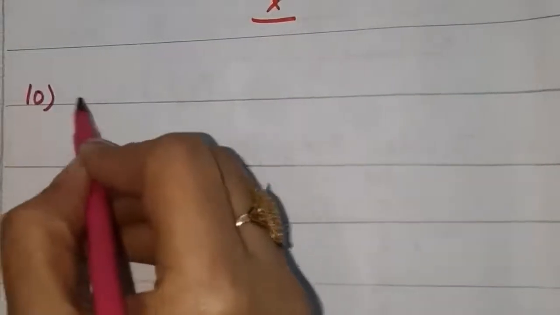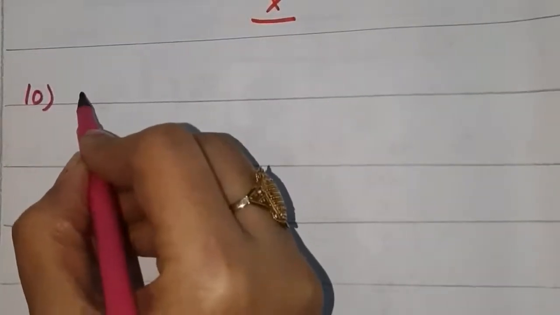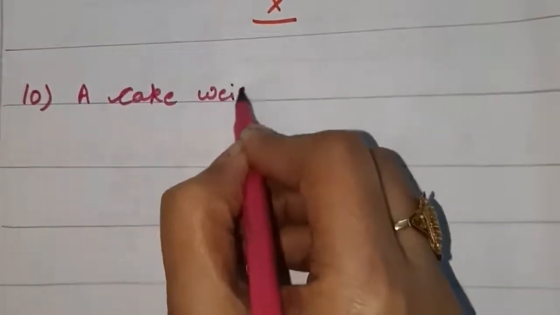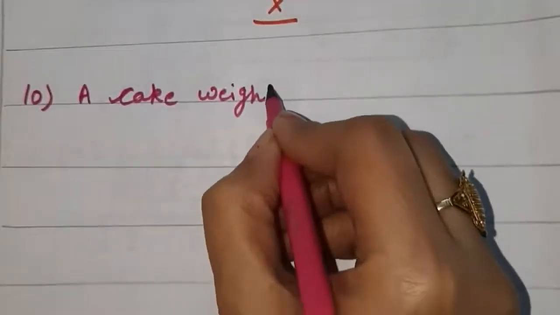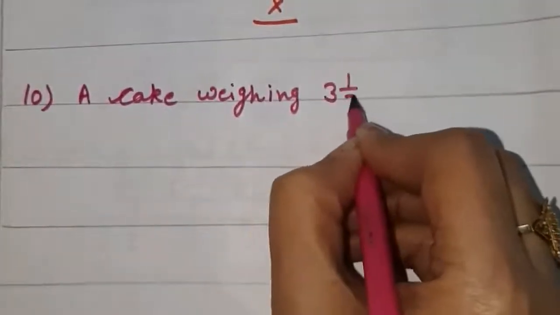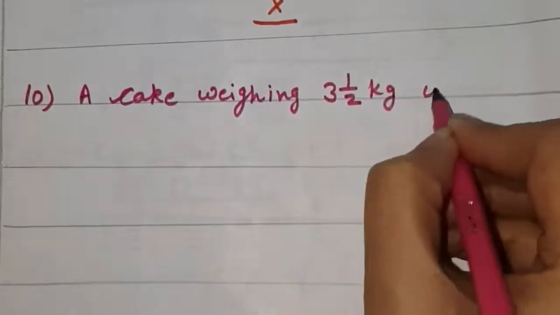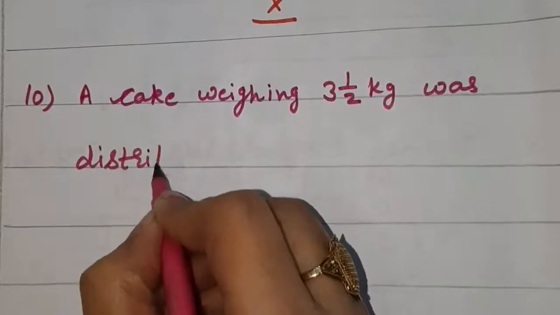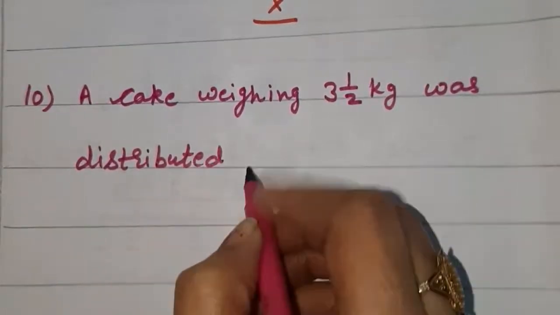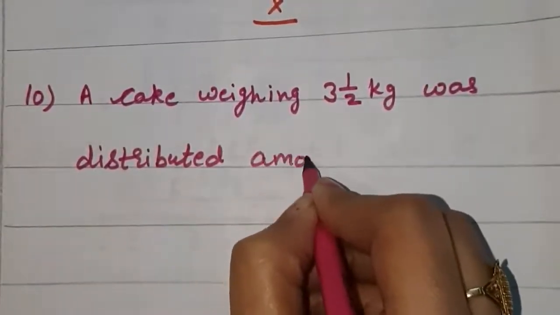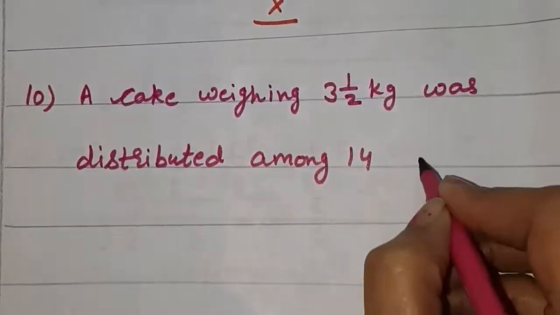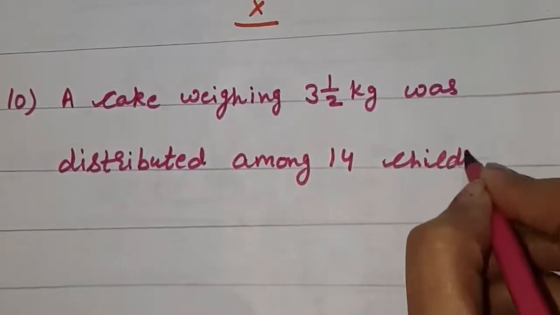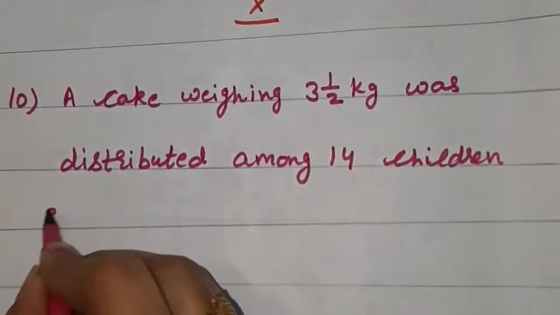Next question, question number 10 from worksheet. A cake weighing 3 whole 1/2 kilogram was distributed among 14 children equally.